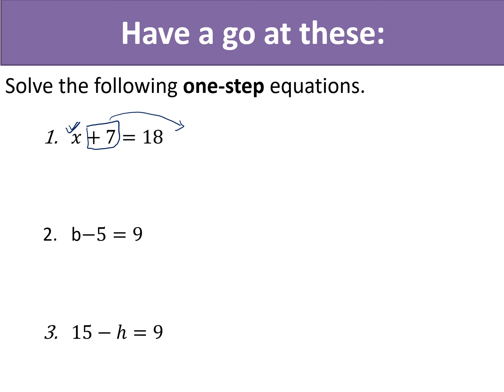So I will do the opposite to both sides, the inverse. The inverse of positive 7 is negative 7, so negative 7 to both sides. x plus 7 minus 7, 18 minus 7. So x, positive 7 and negative 7 make 0, and x is 11.